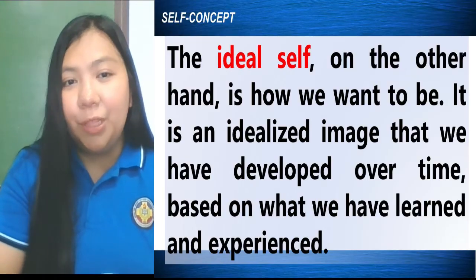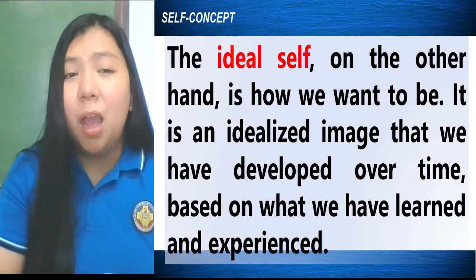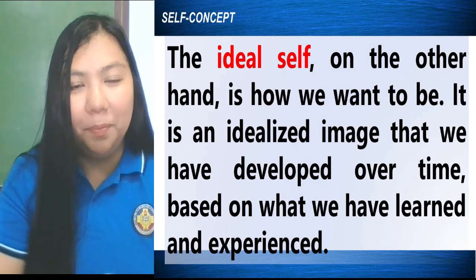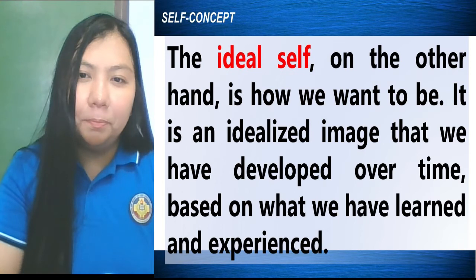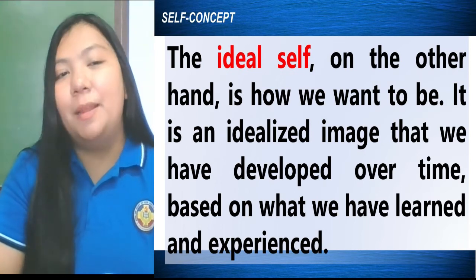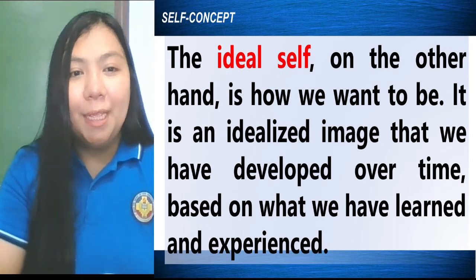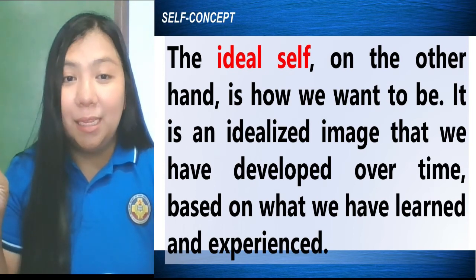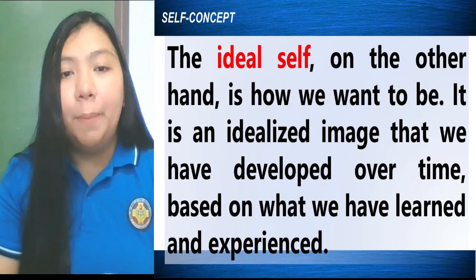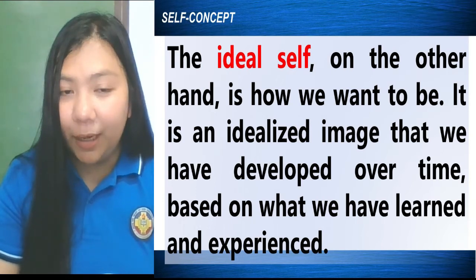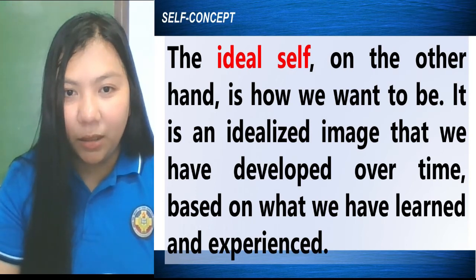How about the ideal self? The ideal self, on the other hand, is how we want to be. Diba? Ito yung sana. Ito yung gusto ninanais sana na maging tayo. It is an idealized image that we have developed over time based on what we have learned and experienced. Okay?